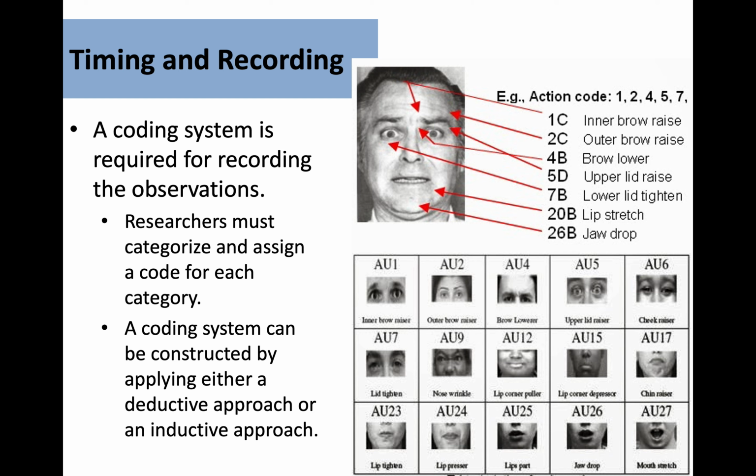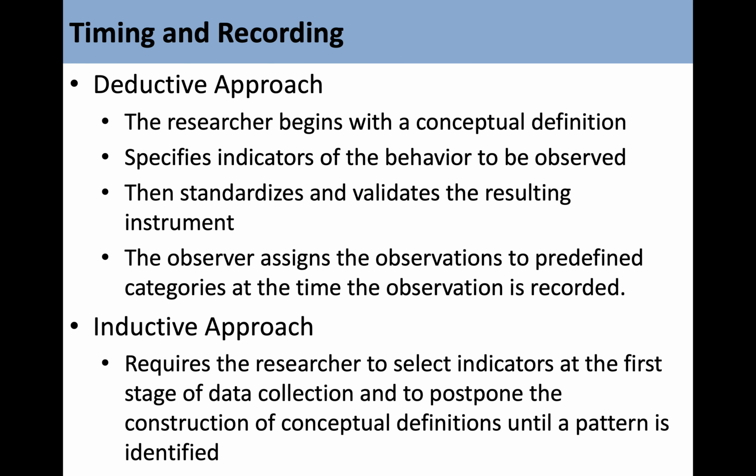A coding system is required for recording the observations. Researchers must categorize and assign a code for each category. A coding system can be constructed by applying either a deductive approach or an inductive approach. In a deductive approach, the researcher begins with a conceptual definition, specifies indicators of the behavior to be observed, then standardizes and validates the resulting instrument.